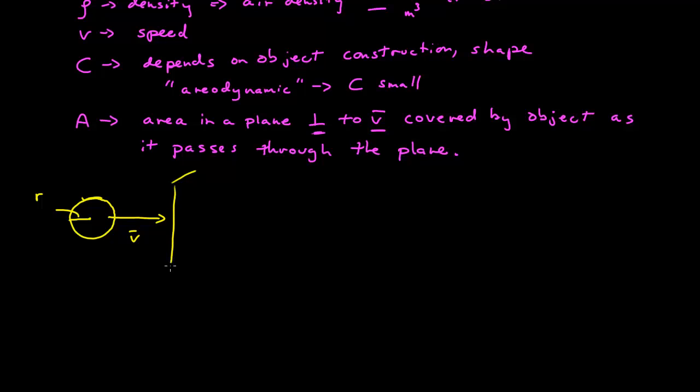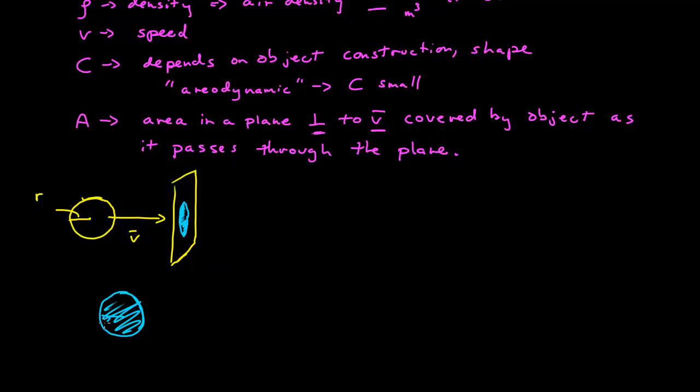I have to draw this plane in perspective, but the edge of it is supposed to come directly out of the screen, so this plane is perpendicular to the velocity. As the sphere passes through it, it's going to cover an area of the plane that looks like a circle.